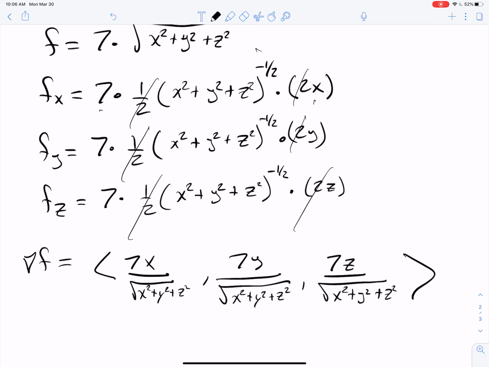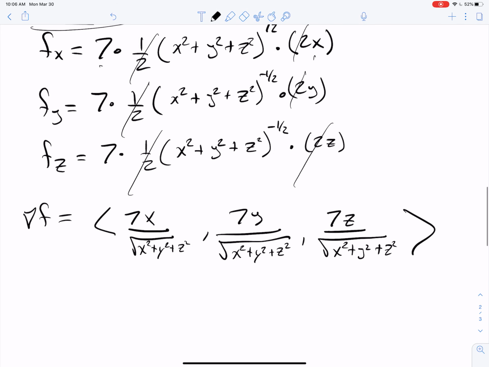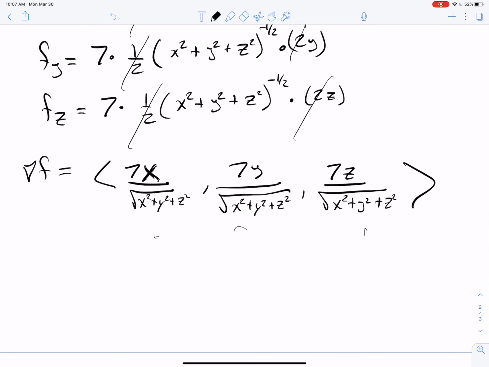All right, so if you have a function like this, and you take the gradient, now we've got a vector field. So now you might wonder, what kind of vector field do we have here? I think it's actually a radial field because it's basically x, y, z, well, 7 x, y, z.